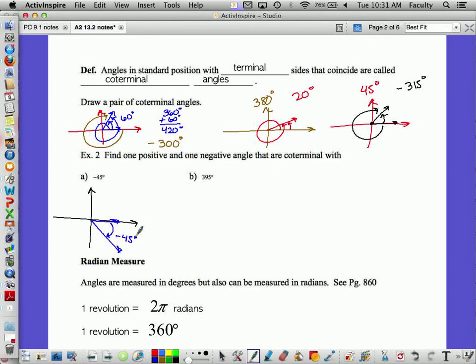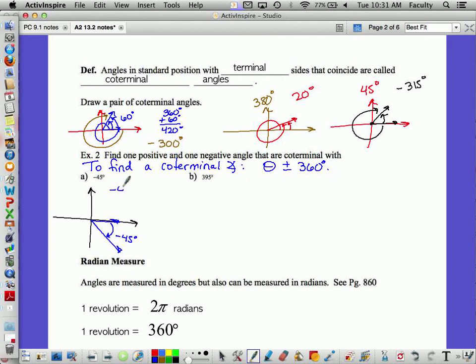Add or subtract 360. Okay, let's write this down. To find a coterminal angle, you just take your angle plus or minus 360 degrees, but you have to start with the angle first. You don't take 360 minus or 360 plus.